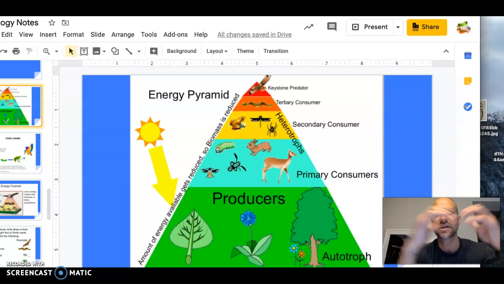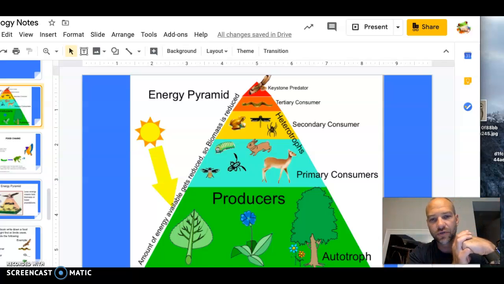Because the plants are never fully eaten, there is less energy available to primary consumers than there was to autotrophs. Because there's less energy, there's less of them. You will always see fewer bunnies than you will grass, if that makes sense. You will always find fewer deer than there are trees, okay?